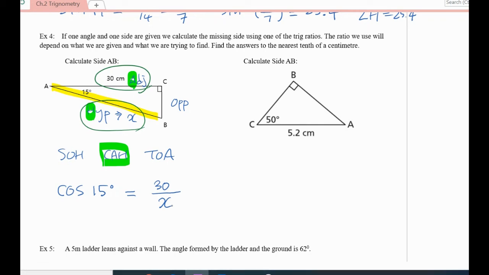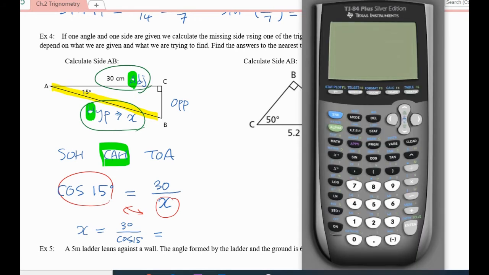Then everyone, we learned this. When you have x in the bottom, we're going to switch this and this. So x is 30 over cosine 15 degrees.